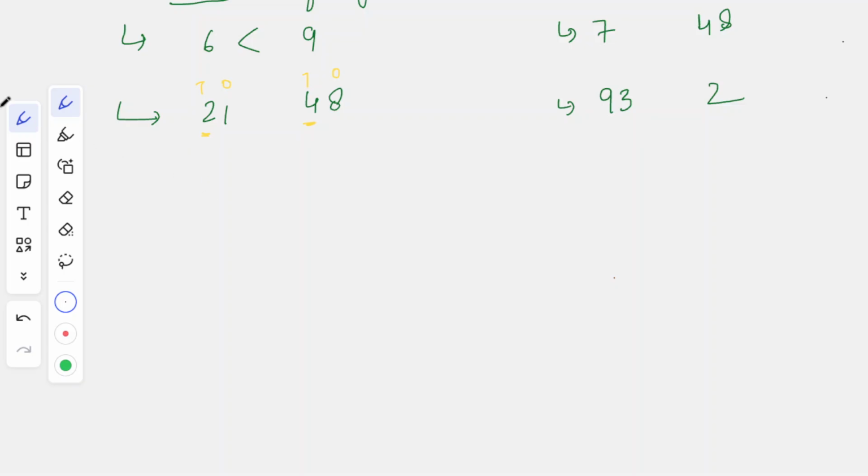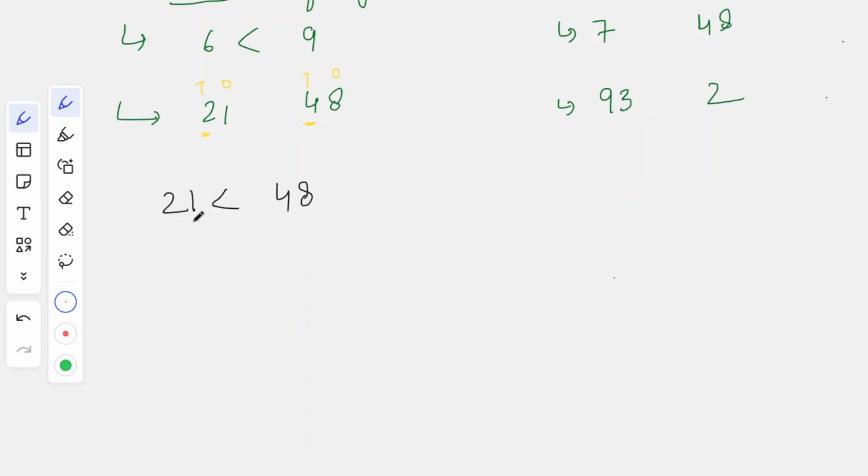So instead of comparing 21 and 48, just compare 2 and 4. Again, this comes down to a single digit comparison, right? Like we did 6 and 9. So 2 and 4, which is the greater number? 4. Okay? So it tells us that the number which has 2 at tens place will be smaller than the number which has 4 at tens place.